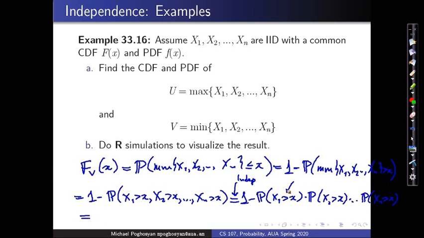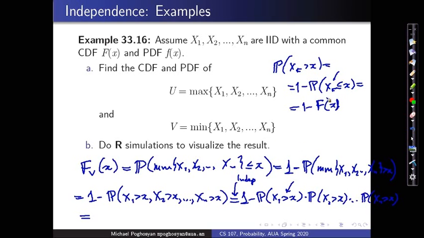To calculate this, I am passing again to complements. So the probability that, say, xk is larger than x is 1 minus the probability that xk is less or equal than x. So this is equal to 1 minus F at the point x.